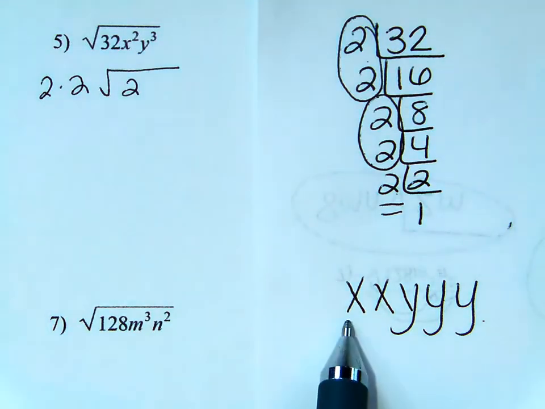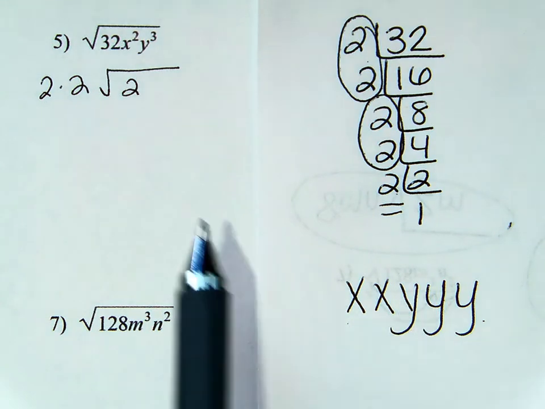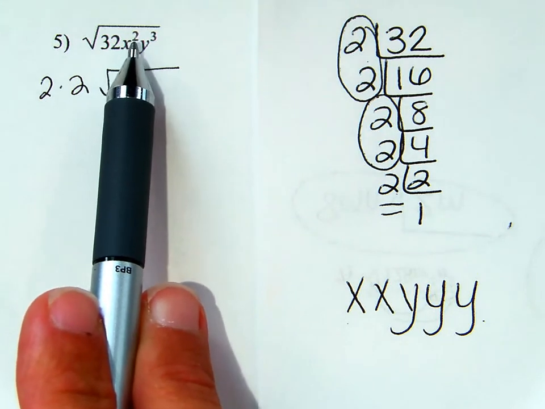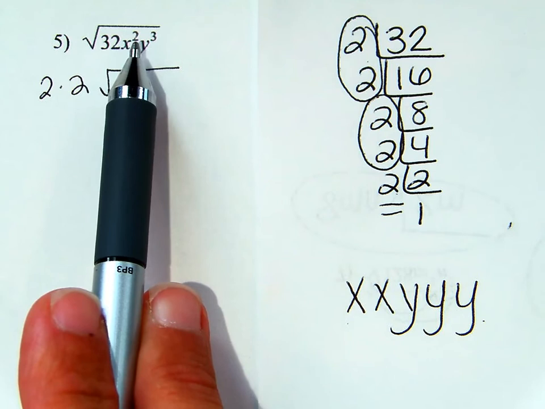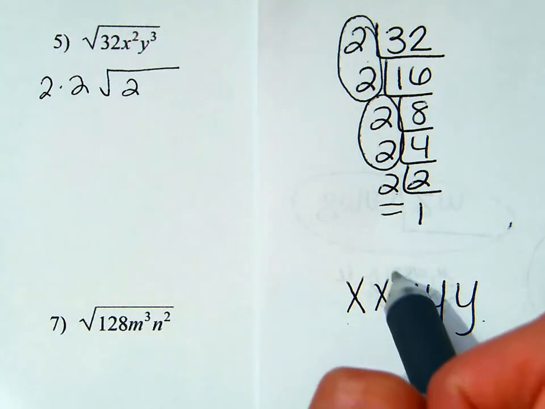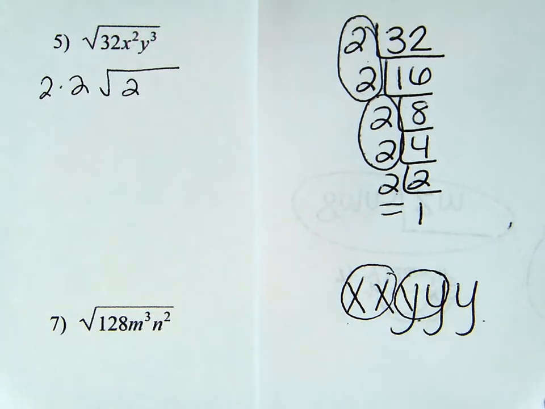Now, as far as the variables, you can see I've written out what the variables are if I expand them. Each of these exponents tells me how many times I have that variable. So I've got 2 x's and I have 3 y's. I can do the circling method for these also, and I can see what will come out and what is going to stay inside.